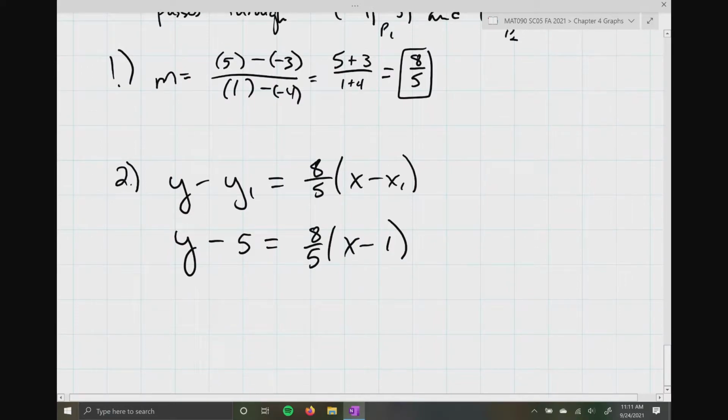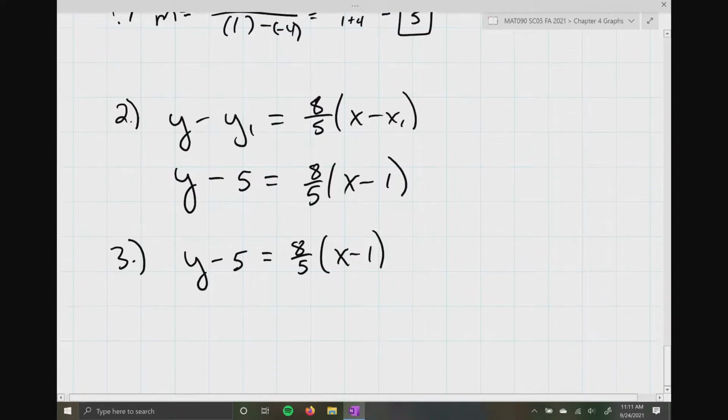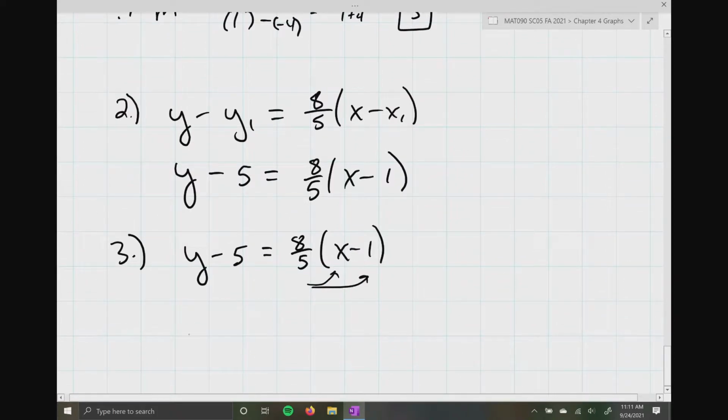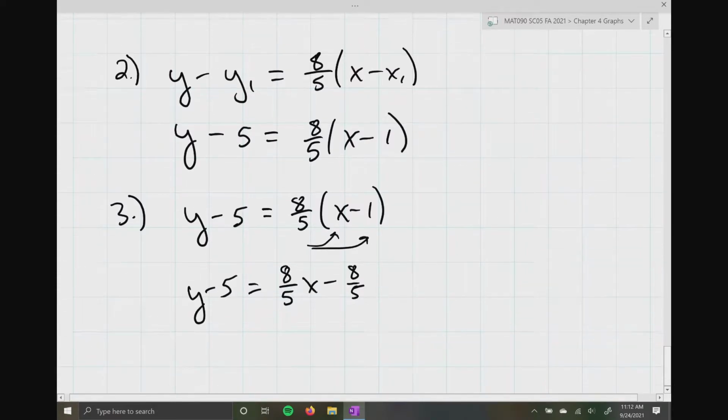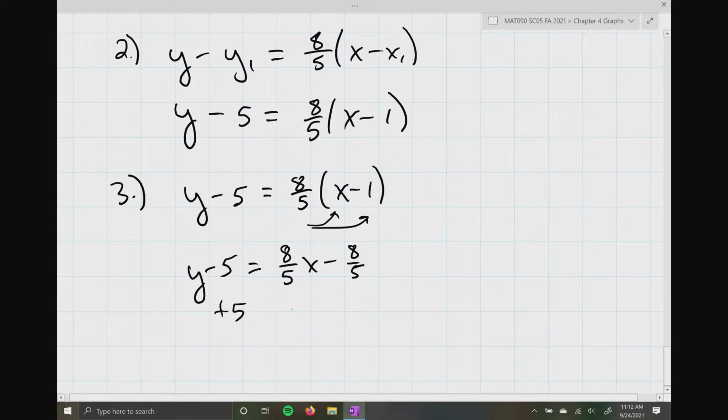Now I need to solve for y. That's step 3. So just give me a sec. I'm just rewriting it. So now I'm going to distribute. That gives me 8 over 5x minus 8 over 5. And then the last thing I'm going to do is add 5 to both sides to give me y equals 8 over 5x. Now I've got to add fractions, which I know we hate, but we've got to deal with it.